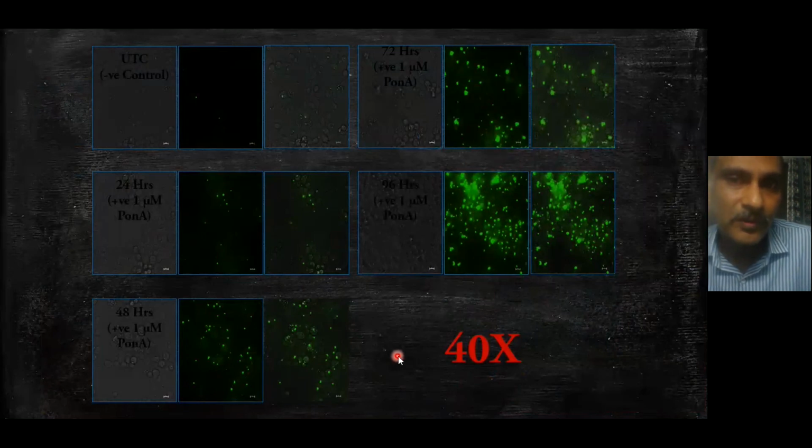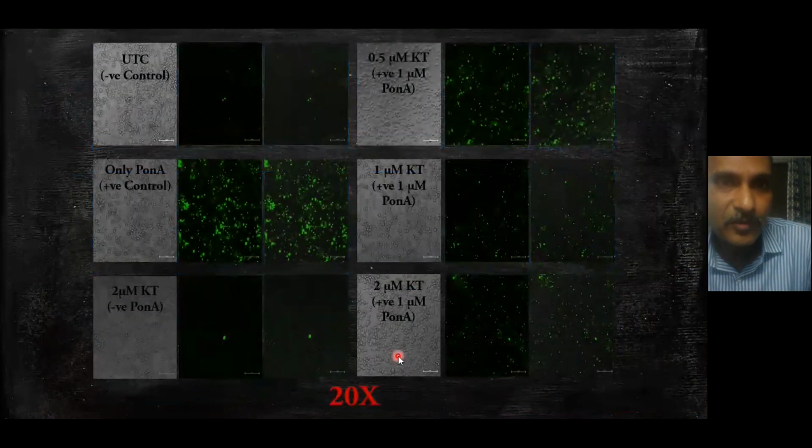With time the cells will have more and more aggregates, and then we wanted to see whether we have any molecules which can reduce this aggregation. We have a potential molecule, KT. When we treat the cells with KT, compared to the control where the induction of aggregation is there, upon KT treatment there is a significant reduction in these aggregates.